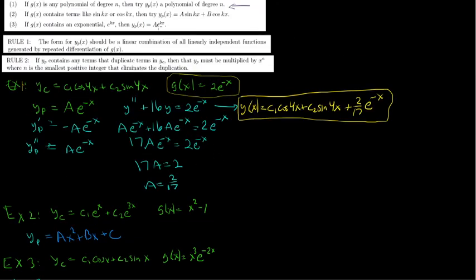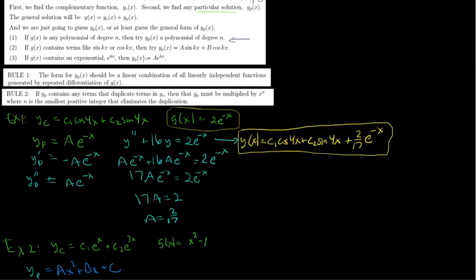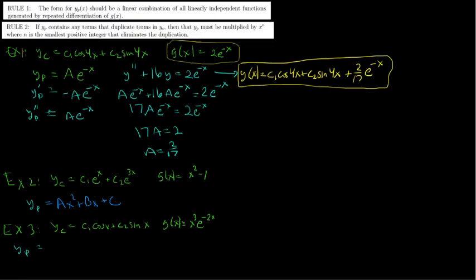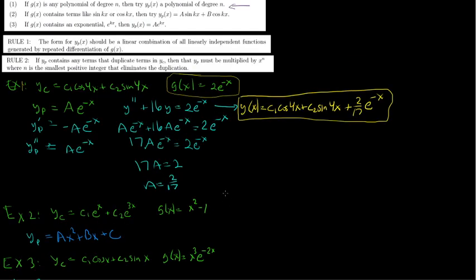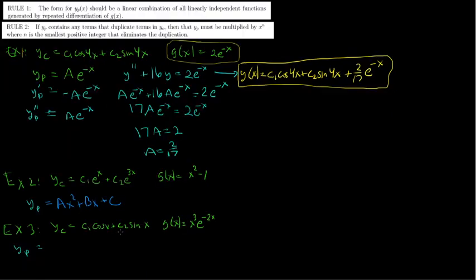So going back up here, we see that we're going to have an exponential, also going to be part of our particular function, but it's multiplied by a polynomial of degree 3. So that means I'm going to have to take a general polynomial function, so ax cubed plus bx squared plus cx plus d, right, times the exponential part, e to the negative 2x.